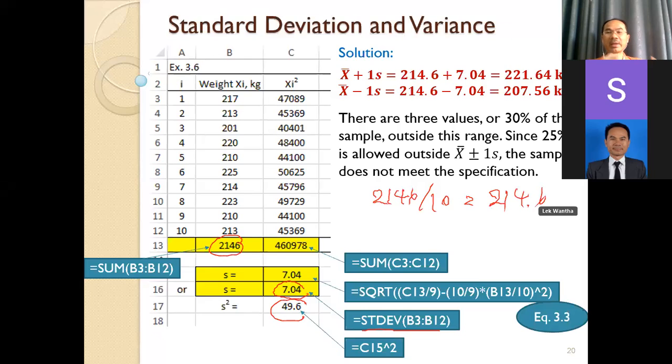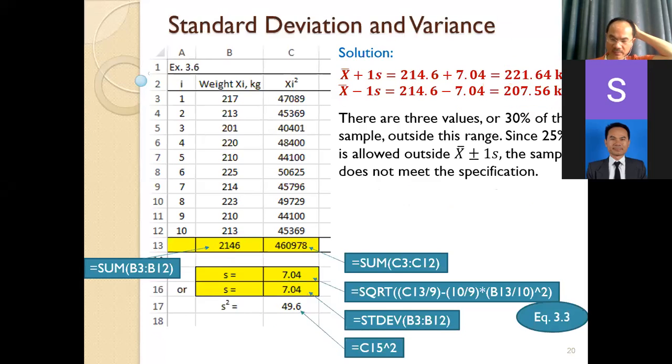For this case, we accept only one standard deviation: x bar plus 1s, x bar minus 1s, x bar plus 7.04, x bar minus 7.04. The maximum value is 221.64. The minimum is 207.56.